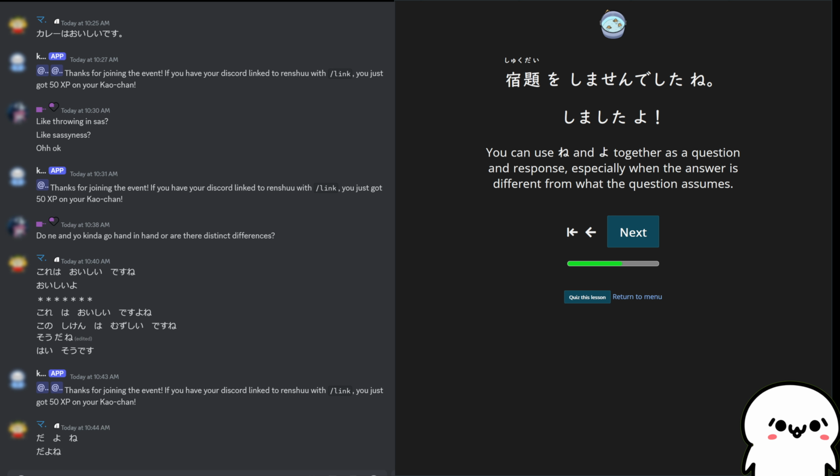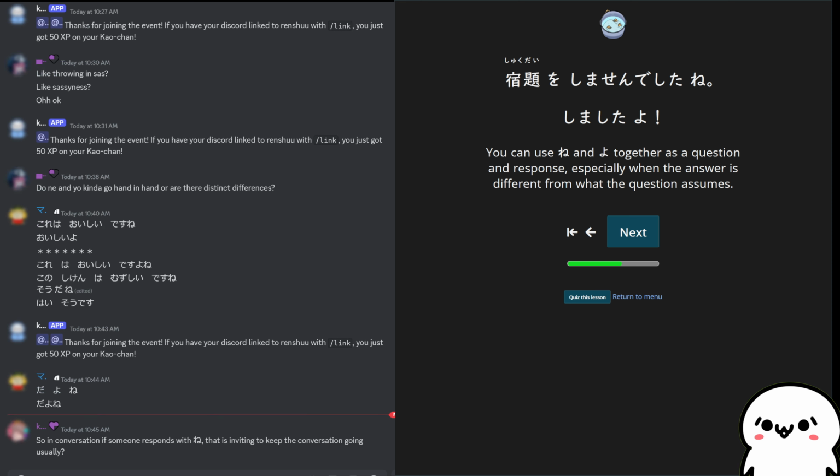I'm not suggesting you should grab all these smaller examples and say, "Oh, I understand these perfectly now." But when you start to see yo and ne interspersed in phrases and sentences, you can start to think a little bit more, okay, what's that single character doing here? That yo's adding emphasis. The ne is asking for confirmation, or it's continuing the conversation a bit.